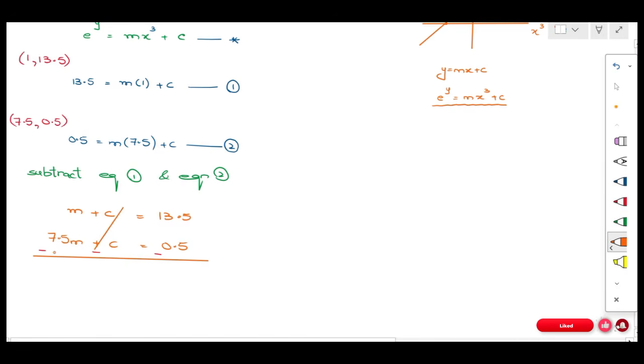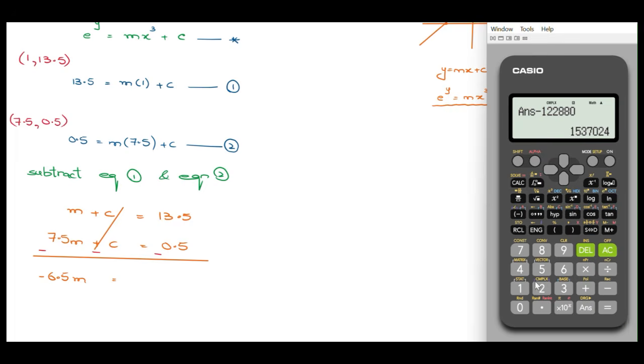So what is 1 minus 7.5? So 1 minus 7.5 is negative 6.5 m, and that is, let me use the calculator, 13.5 subtract 0.5, 13.